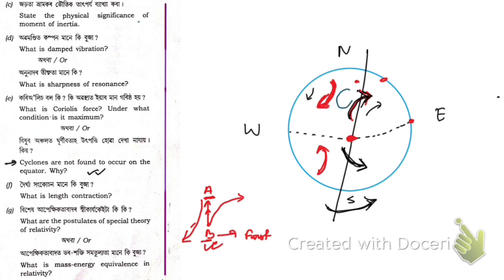So here the direction is anti-clockwise if you see the figure, but in this hemisphere, if you observe this arrow, the direction will be clockwise. Sorry, that's supposed to be in this direction. This is clockwise direction. Here the arrow should be this way.